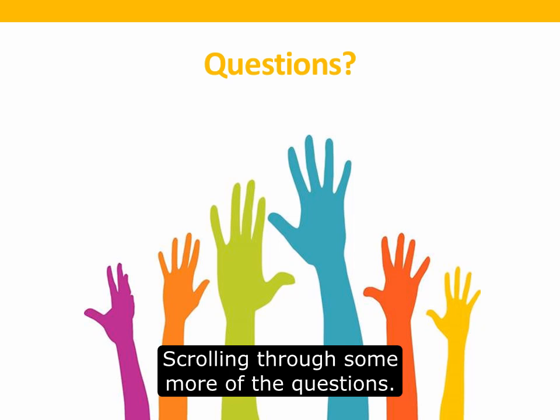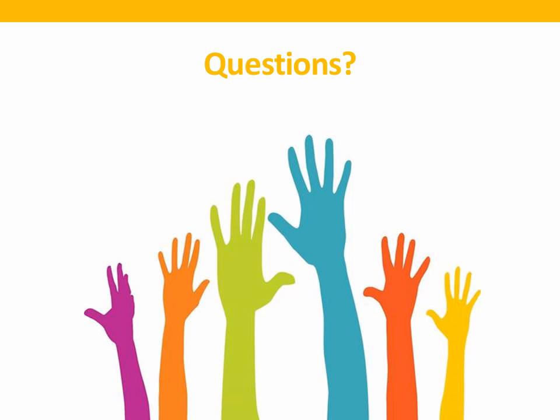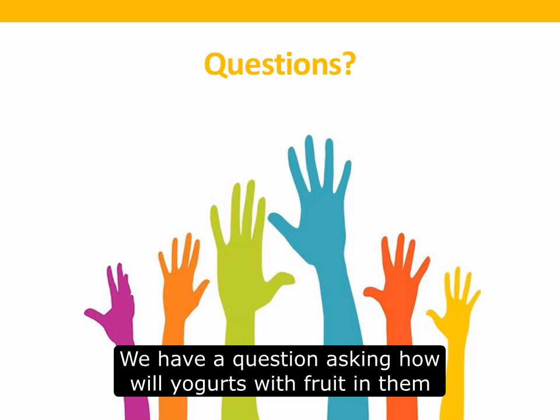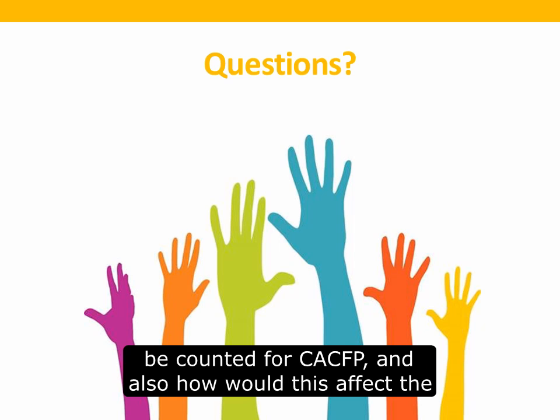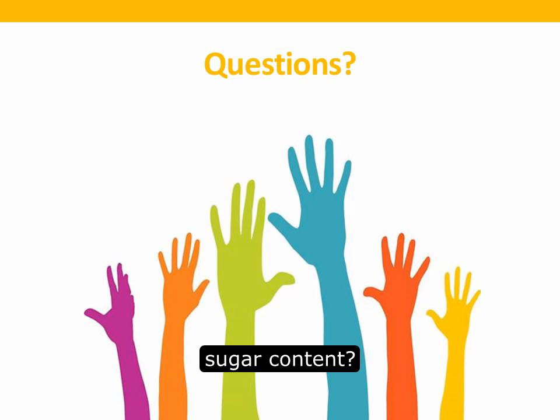Scrolling through some more of the questions. We have a question asking, how will yogurts with fruit in them be counted for CACFP, and also how would this affect the sugar content?